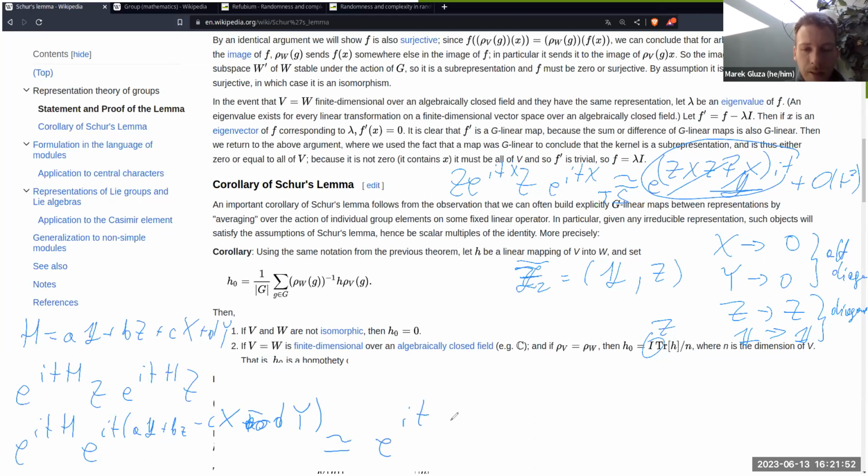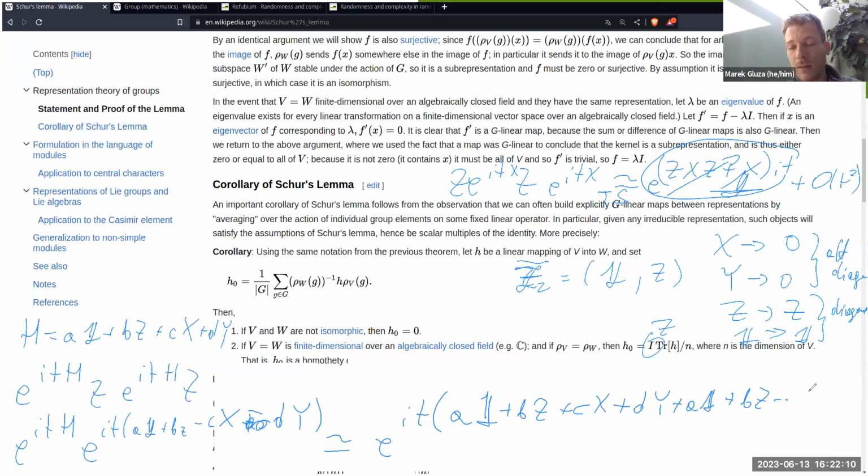So I have e^{2it} identity plus BZ plus CX plus DY, plus the identity, next you think BZ, which is correct, and next you think what? Minus CX, and then looking back, minus DY. And what do I get? I get a nice cancellation here.